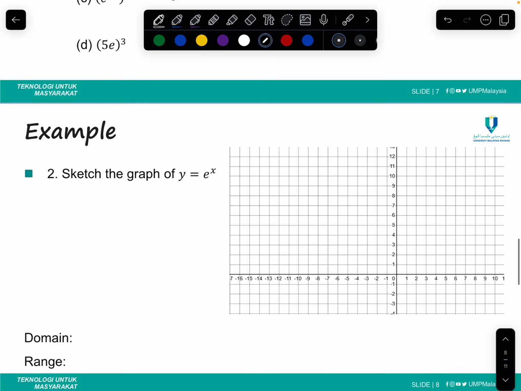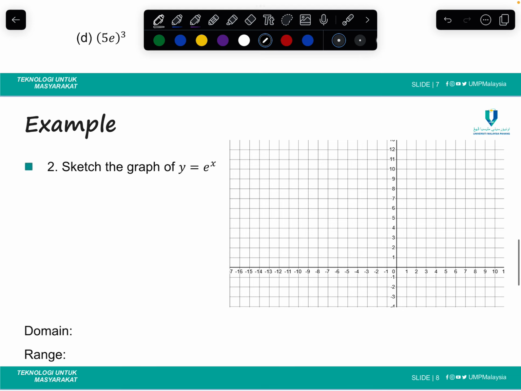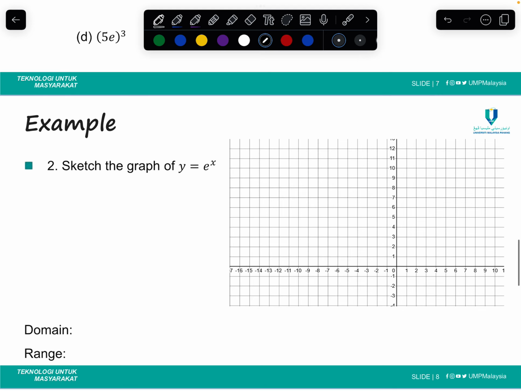Now, how to sketch the graph of y equal to e to the x? Similar to the previous topic, to draw the graph we have to construct a table. By putting in some values of x and y, you can plot the curve.